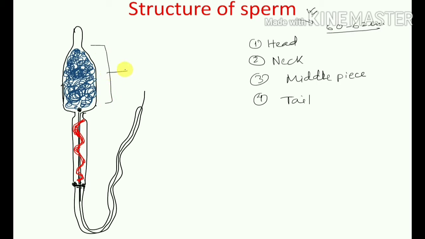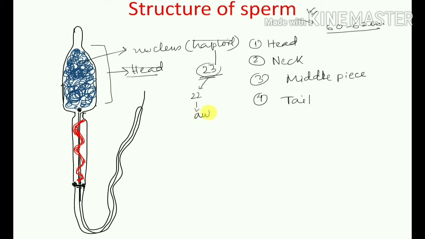This part is called the head. It is a much enlarged part of the mature sperm. It contains a huge nucleus, which is haploid in nature. It contains 23 chromosomes, out of which 22 are autosomes and one is a sex chromosome, which may be X or Y. At the apex of this head there is a cap-like structure, the acrosome.